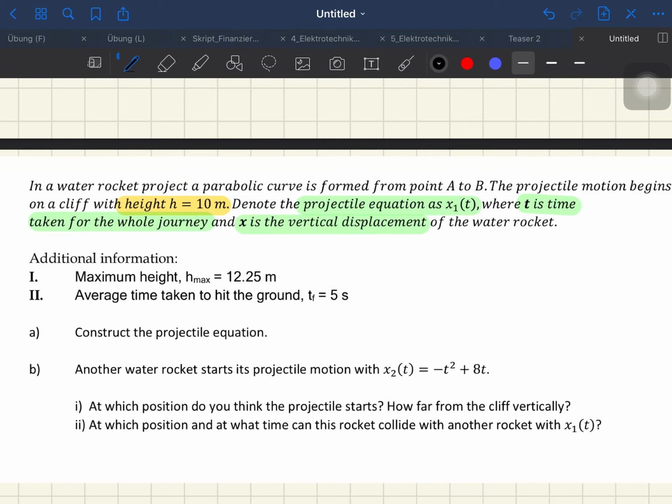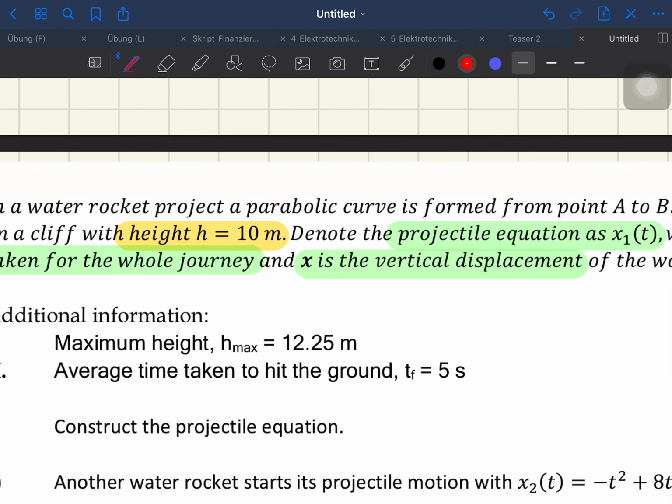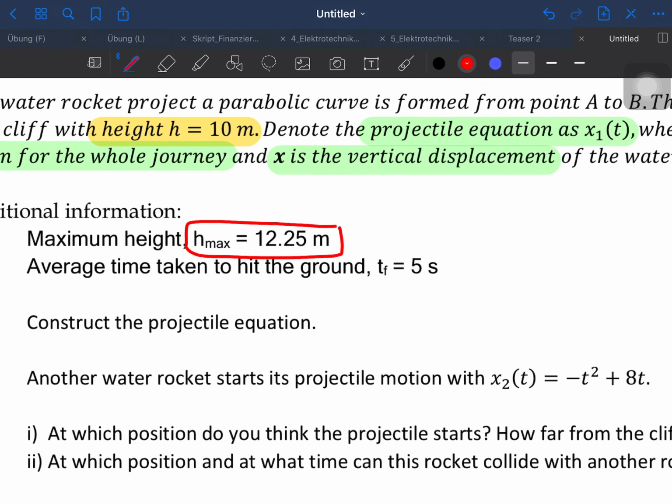Now, additional information states that the maximum height, h max, is 12.25 meters.